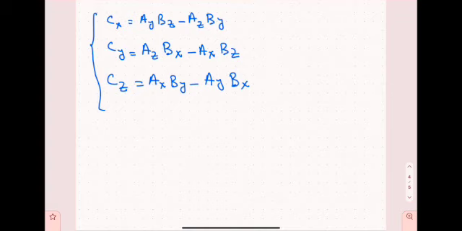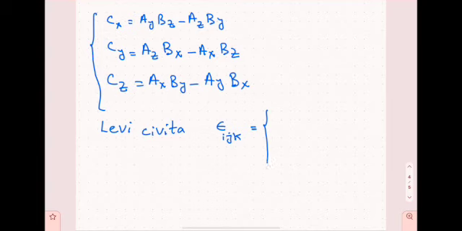So I introduced the Levi-Civita symbol, and usually we show that with a sign of epsilon, I, J, K, and this would have a value of 0 if two of these three ijk's are equal.